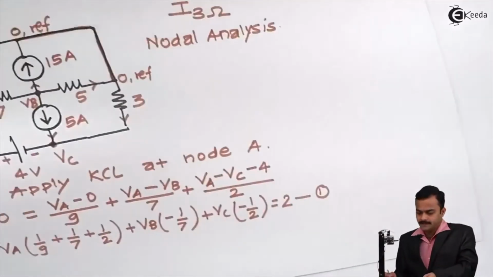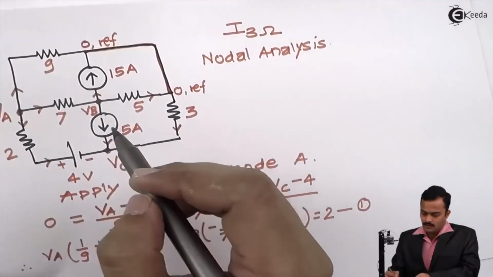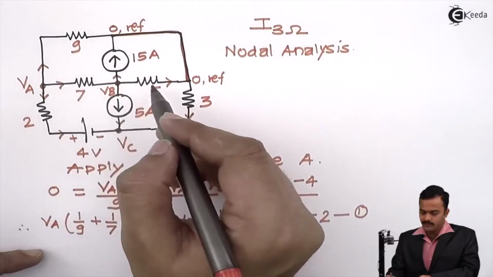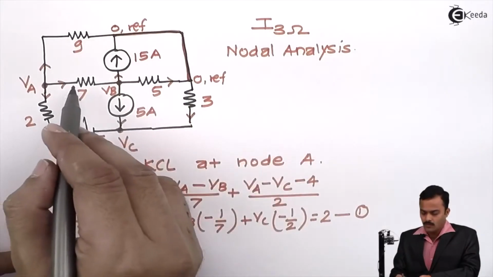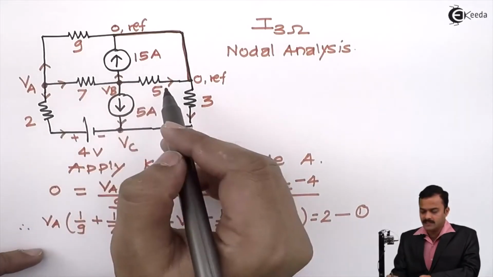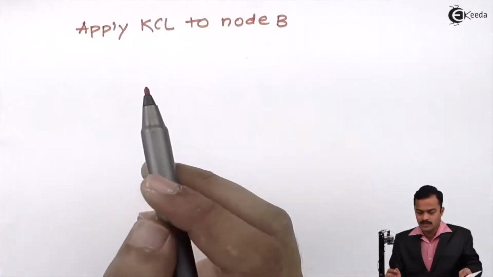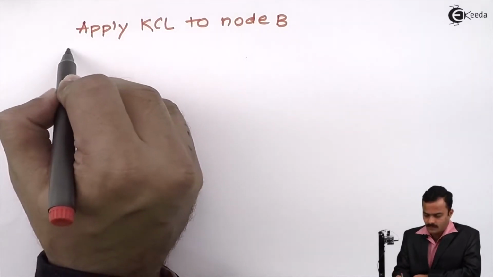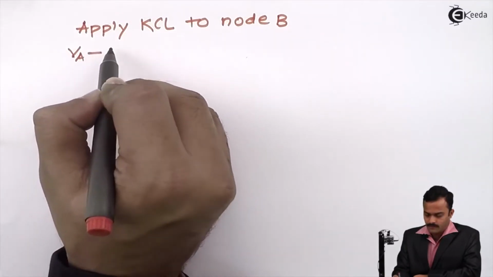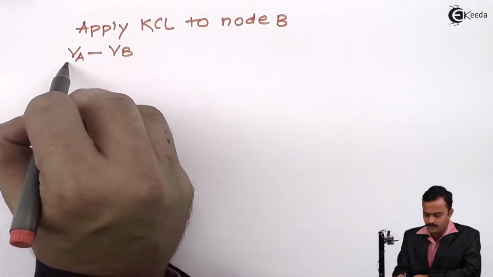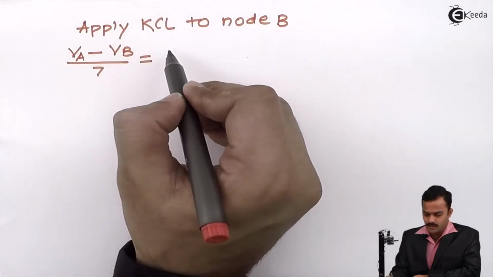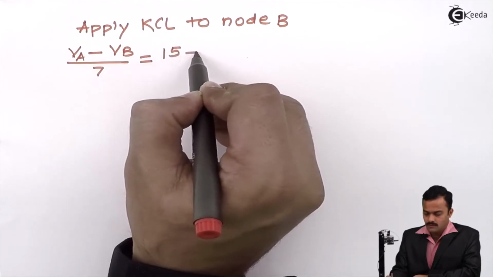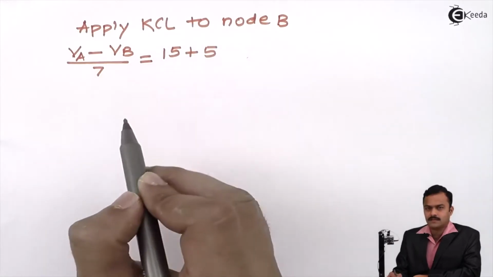So at B, I am having 1, 2, 3, 4 branches. Of the 4 branches, 1 is incoming current and remaining 3 are outgoing. So I'll write the equation: VA minus VB divided by 7 equal to 15 and 5, both are current sources.